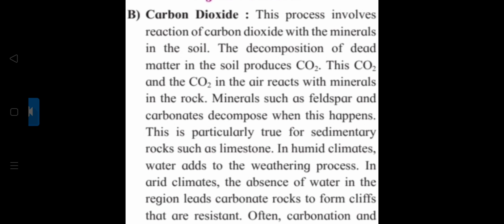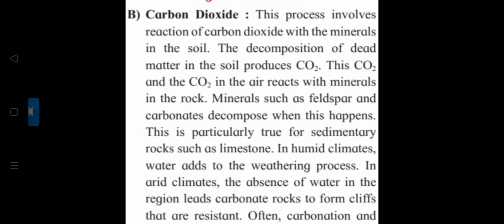Over here, carbon dioxide is reacting with the minerals in the soil. The decomposition of dead matter in the soil produces carbon dioxide. Decomposition, I repeat, is basically the process of rotting.